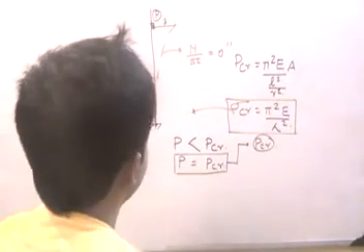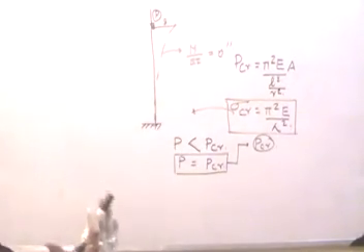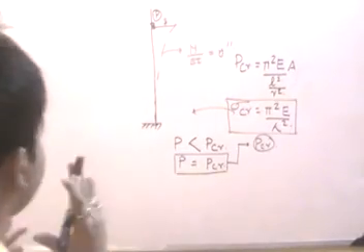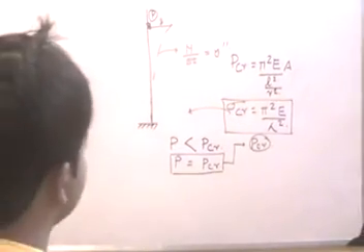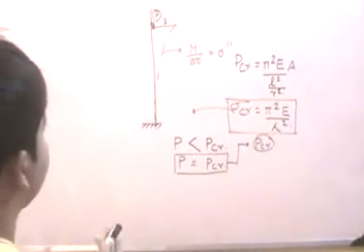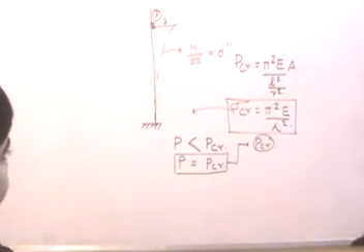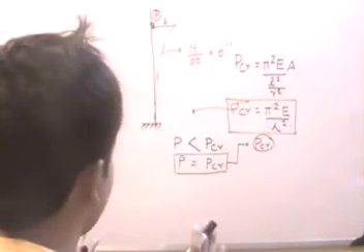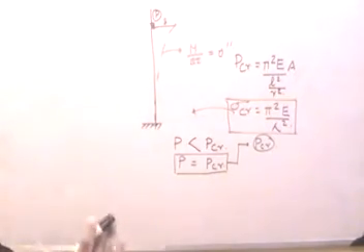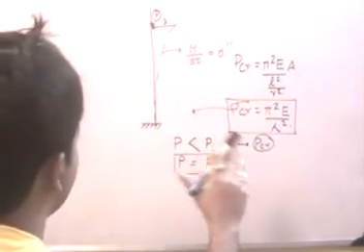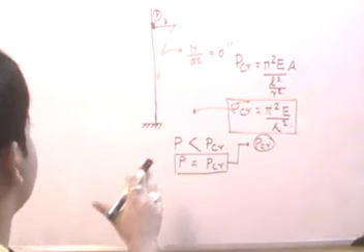Now at the point of neutral stable equilibrium, we found out PCR using this deflected curve as an elastic curve, right? So it's pretty evident from here that the Euler critical load is valid for values of sigma CR less than the proportional limit, right?